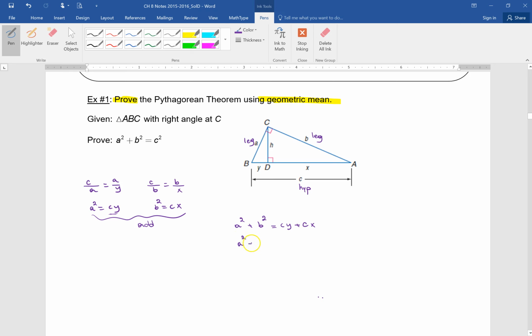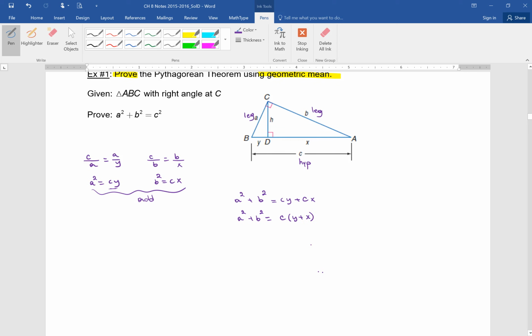So A squared plus B squared is equal to, let me factor out the C. What do I get? Y plus X. Okay, so look here. How much is Y plus X? It adds up to C. So this is C. That means A squared plus B squared is equal to C times C, meaning A squared plus B squared is equal to C squared.